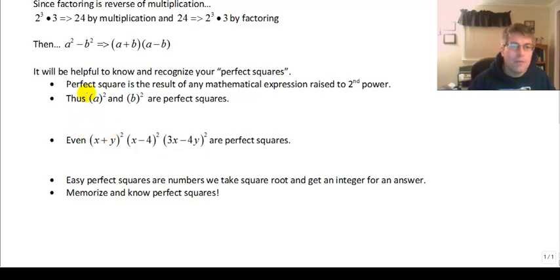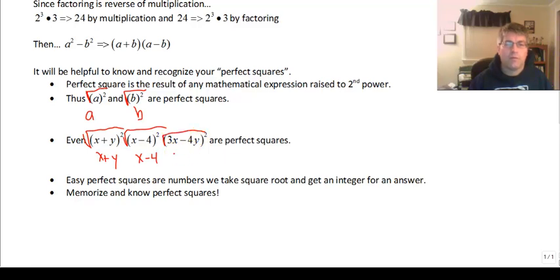So we can take the square root of these, or even these binomials down here, very easily. The square root of a squared is a, and the square root of b squared is b. The square root of the quantity x plus y squared is x plus y. The square root of the quantity x minus 4 squared is x minus 4.